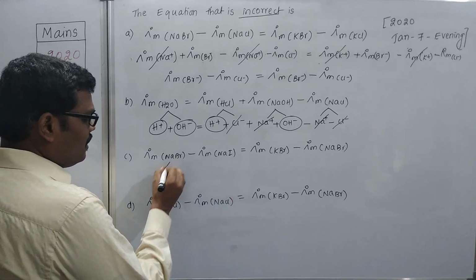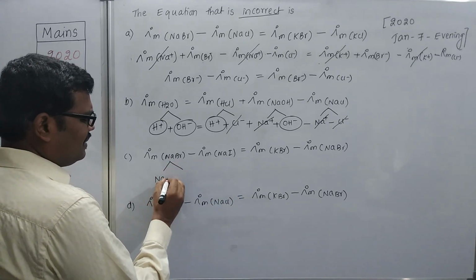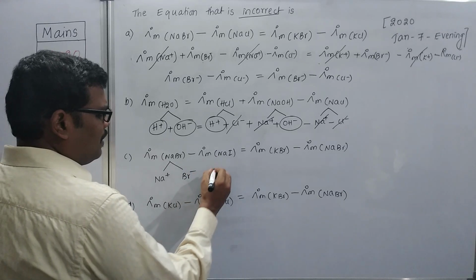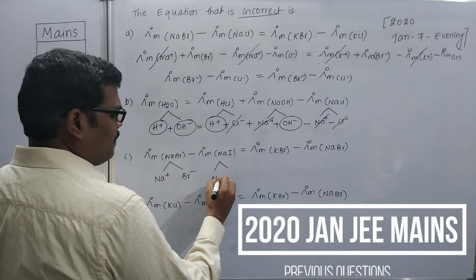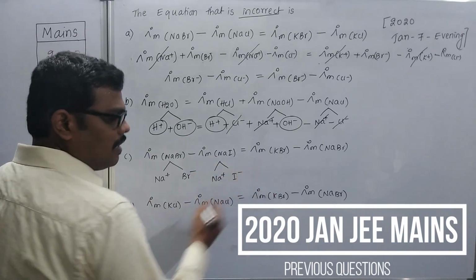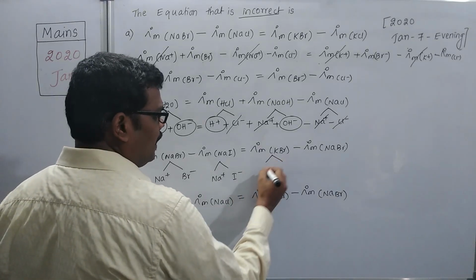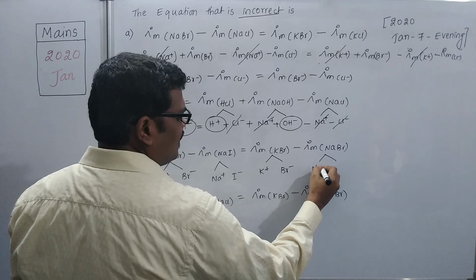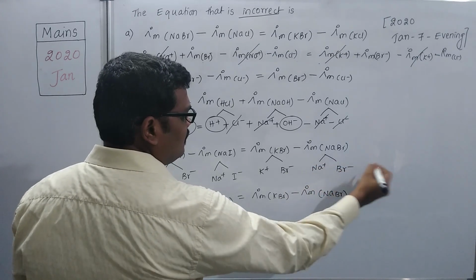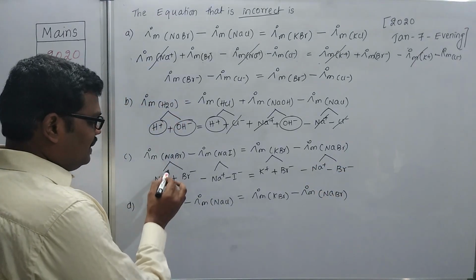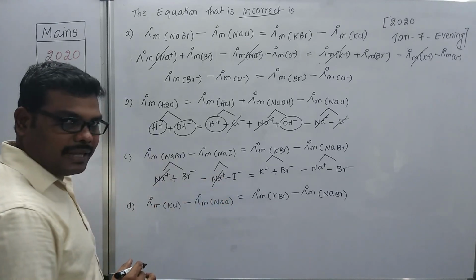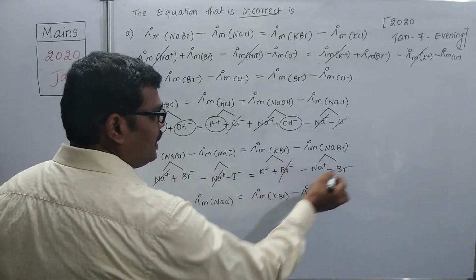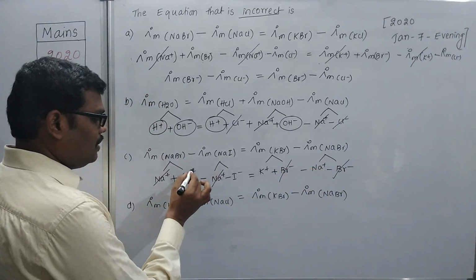And third, NaBr you can write as Na+ Br-, NaCl as Na+ Cl-, KBr as K+ Br-, NaBr as Na+ Br-. So here plus Na+ minus Na+ will be cancelled. Here plus Br- minus Br- will be cancelled. What is remaining here?